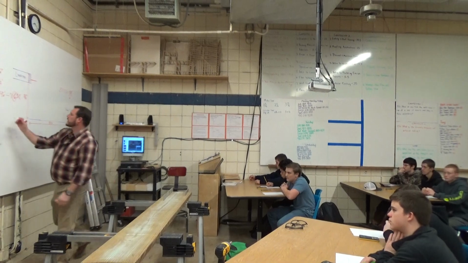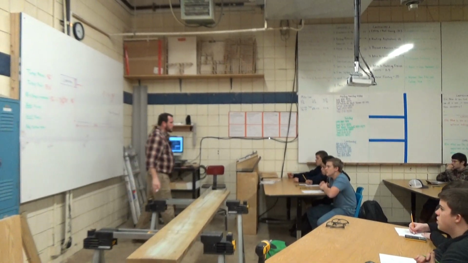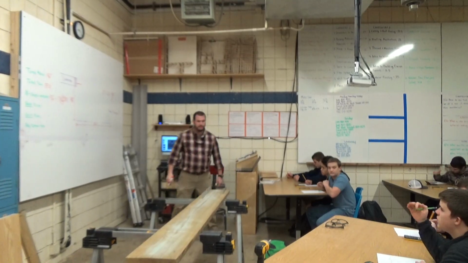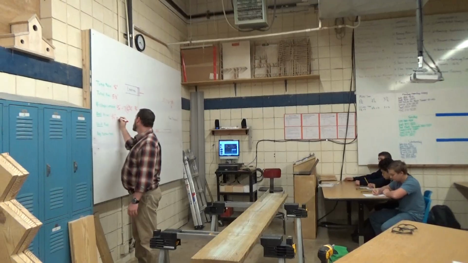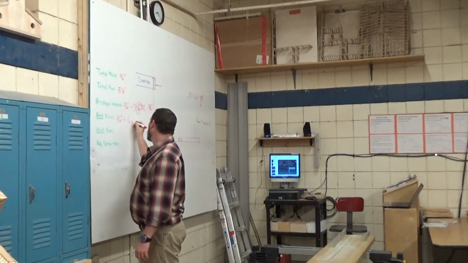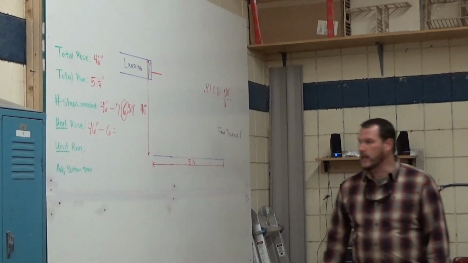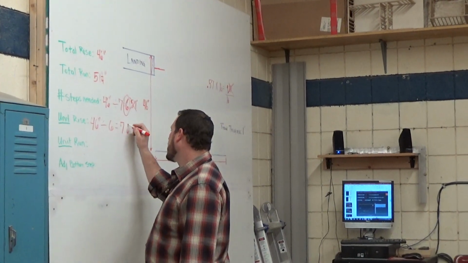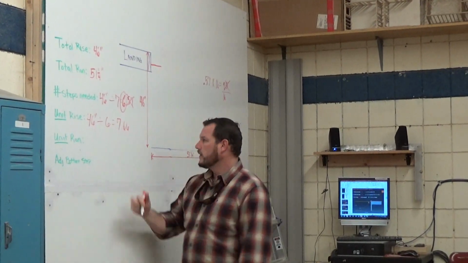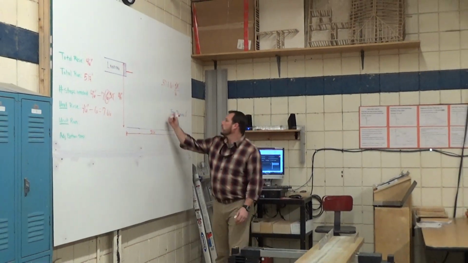Can I have 0.57 of a step? No. All right, so to find out our unit rise, what do we have to do? 46 divided by the number of steps, which is 6. 46 divided by 6? 7.66 repeated. Yet again, where's 0.66 on the tape measure? We don't know. What are we going to do?